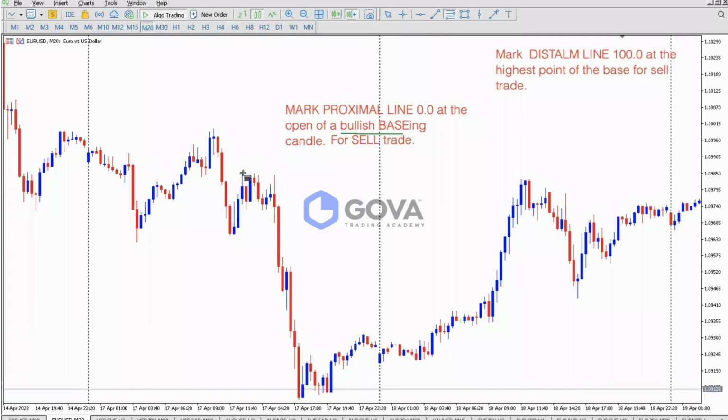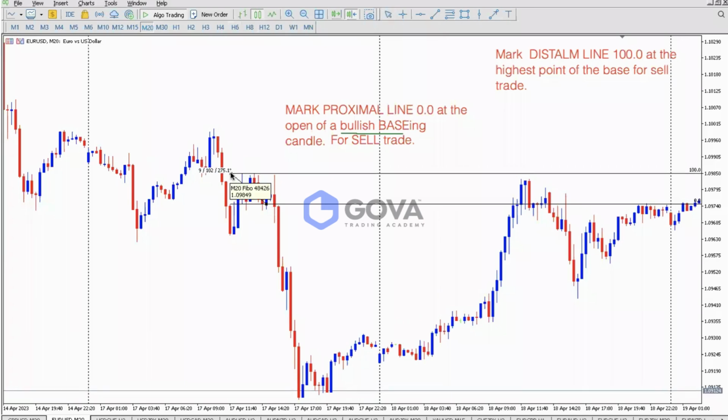Make sure you always mark your distal line first before you mark your proximal line. So you can see how I place it. I place the distal line at the highest point of the base, and I'm putting the proximal line at the opening of this bullish candle, which is here.